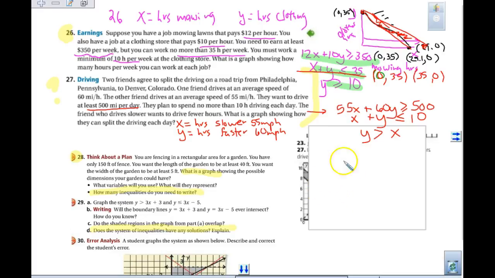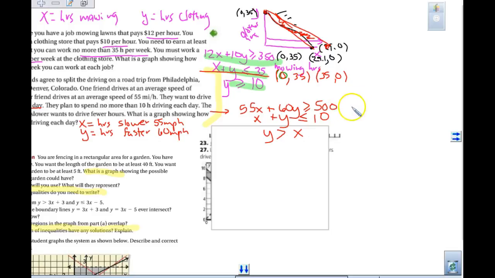So, again, the easiest way to think of this problem is, what is my y-intercept and my x-intercept? And it's even easier in this one, right? Because it's going to be 0, 10 and 10, 0. And here, when you plug in x is 0, this is going to be your 500 divided by 60.